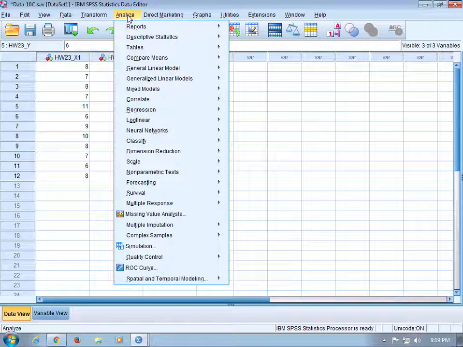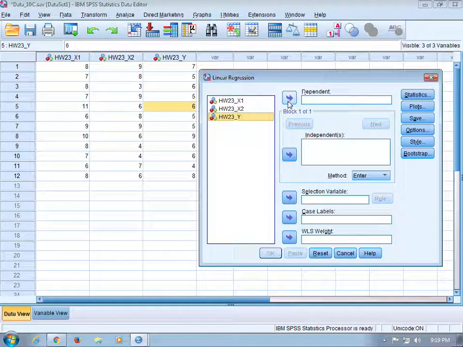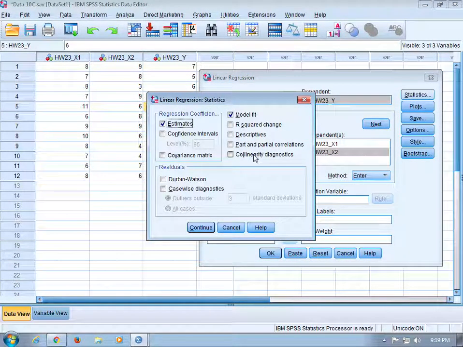So I'm going to do a multiple regression now. I'll go to Analyze, Regression, Linear. Y is the dependent variable. X1 and x2 are the independent variables. And in statistics, I'm going to grab part and partial correlations, although we might not use these yet.